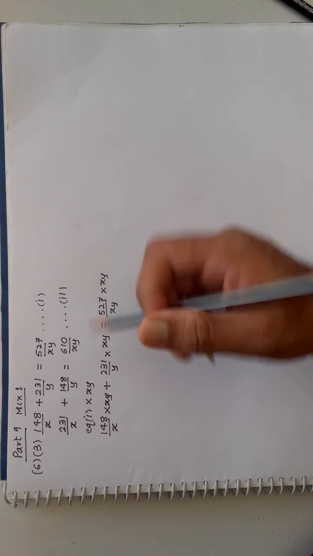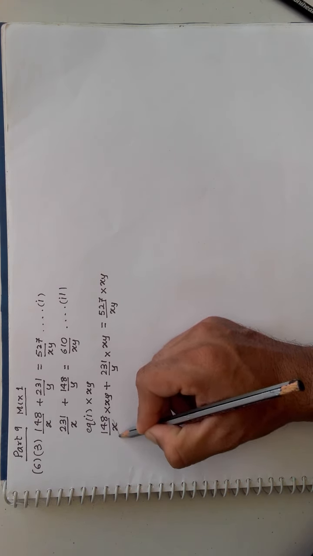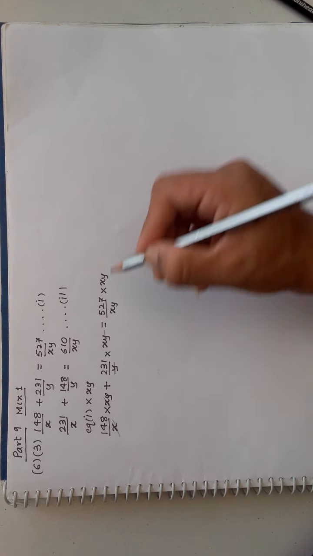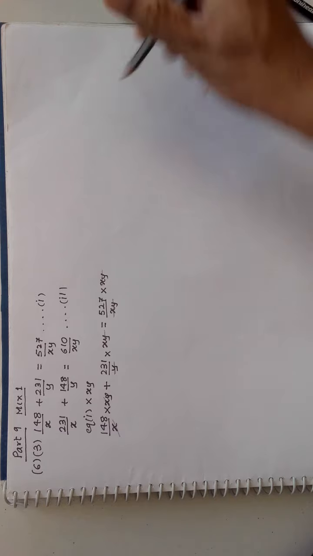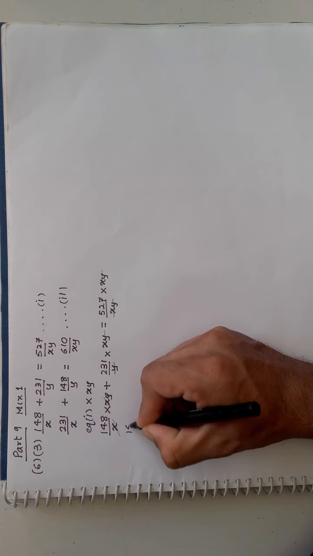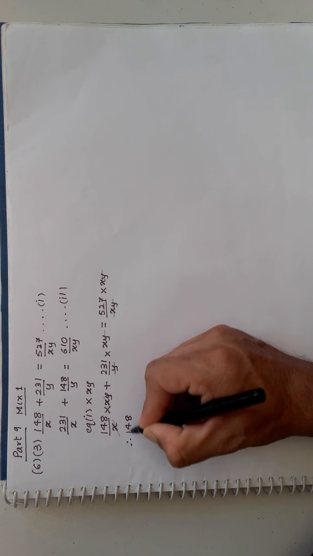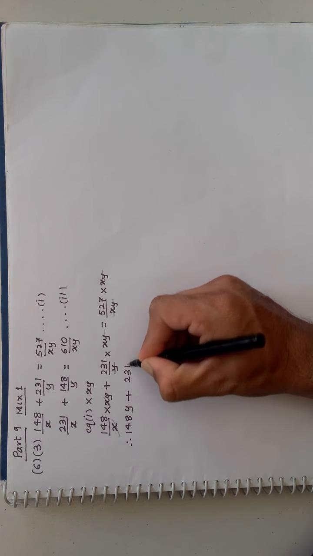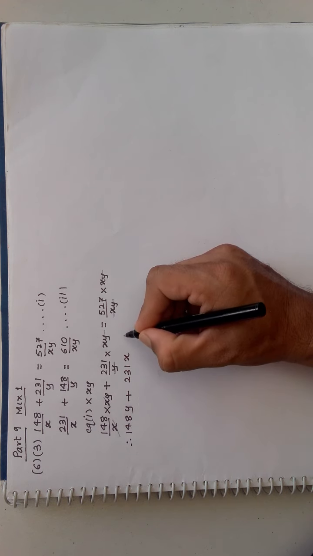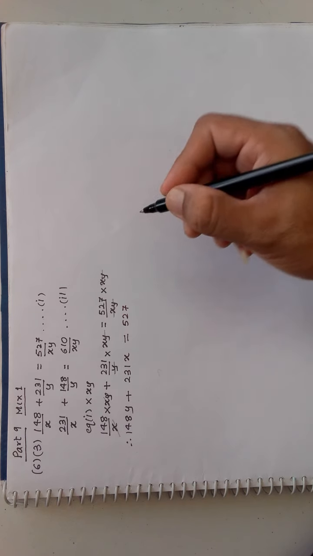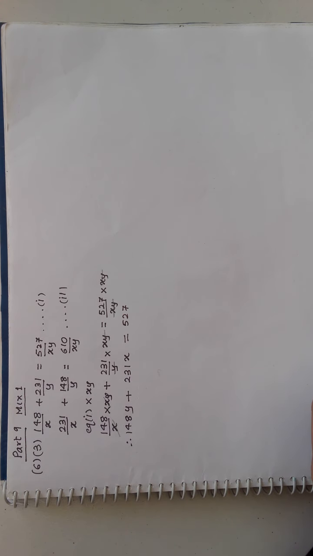Since this is a single term, x gets cancelled here, y gets cancelled here, and this xy fully gets cancelled. That is divided. In short, they become 148y plus 231x is equal to 527.